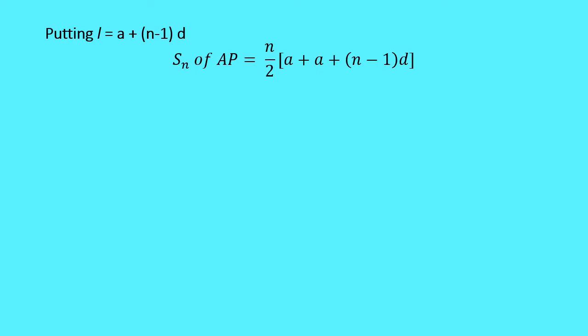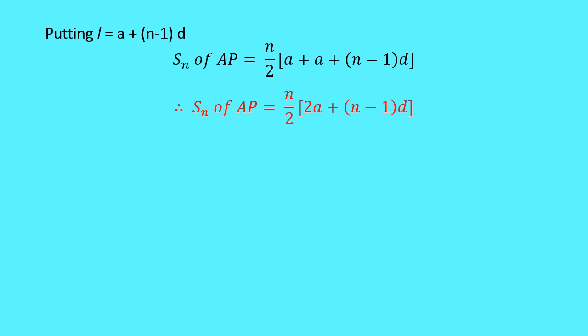Putting l equal to a plus n minus 1 d, the sum of n terms of the AP, you can write as n upon 2 multiplied by a plus, replacing l by a plus n minus 1 multiplied by d, that is Sn equal to n upon 2 multiplied by 2a plus n minus 1 multiplied by d. You can use this formula also to find the sum of n terms of the AP.